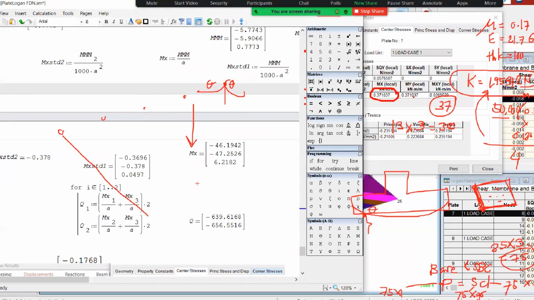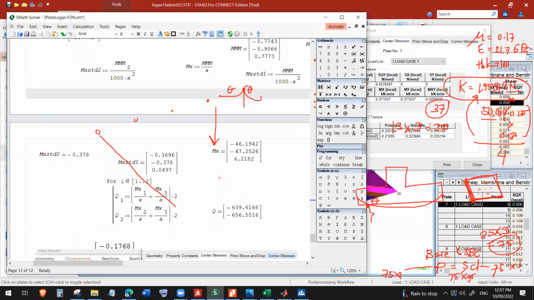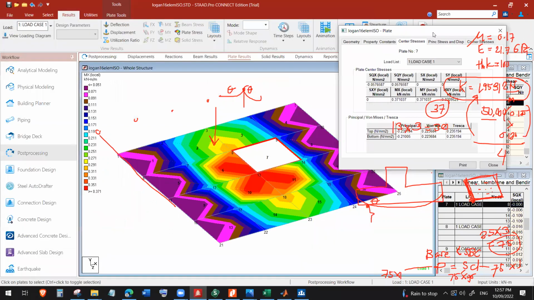So we got almost the same 0.37 on both MX and MY. So the displacements are almost the same, and the moment values are also the same.